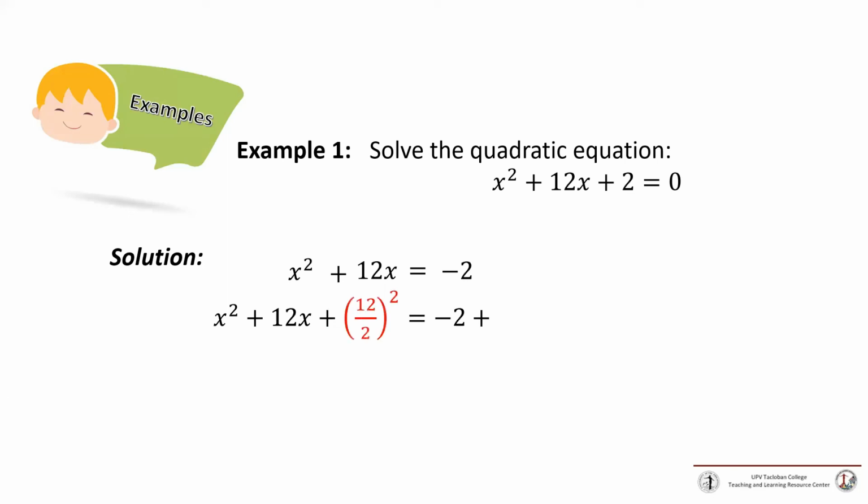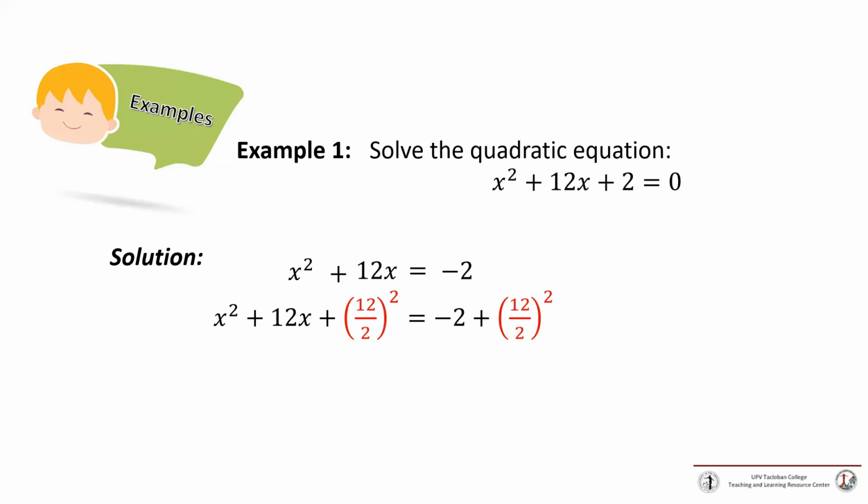The next step is to multiply the middle term by 1/2 or divide it by 2, and then you square it. The result of that is your final result.